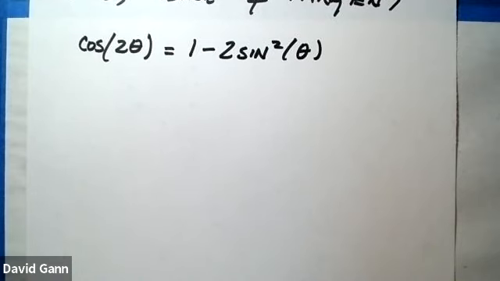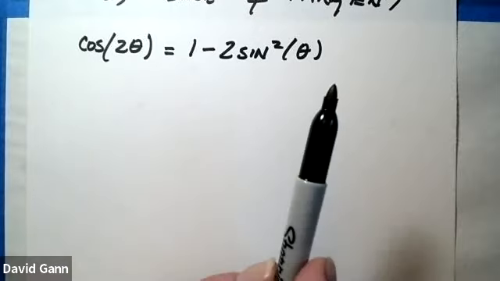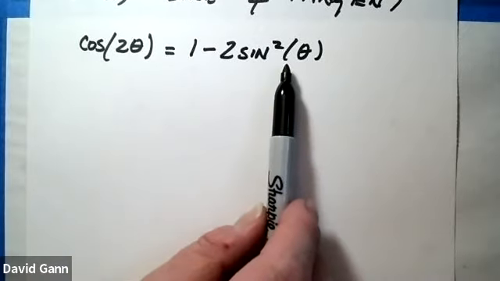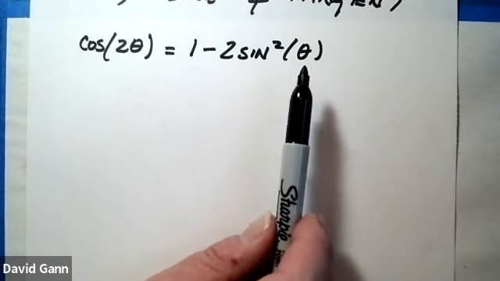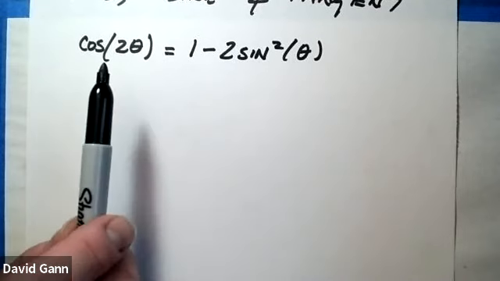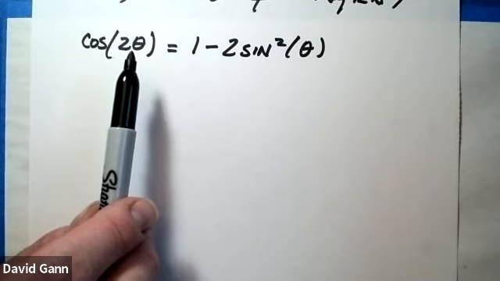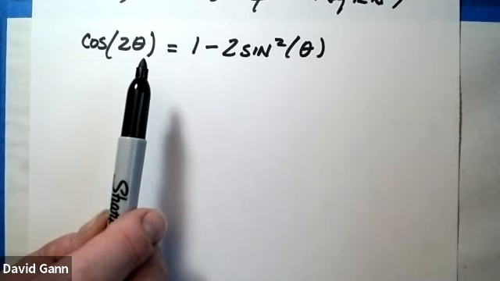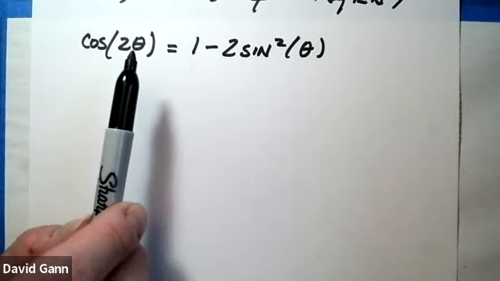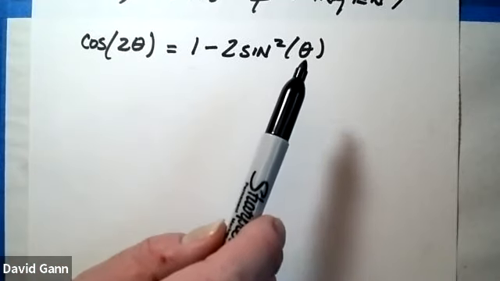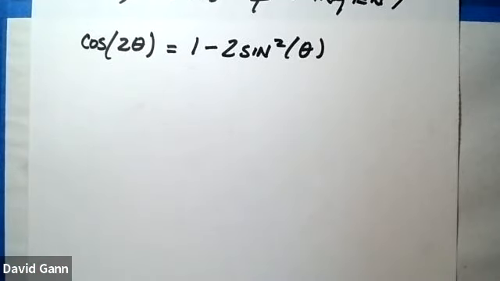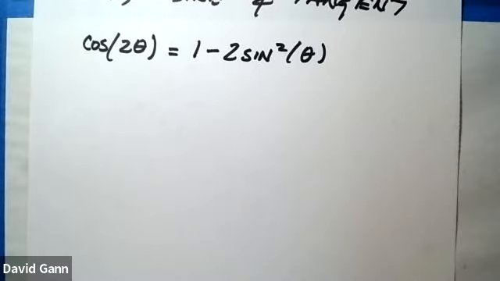Now, this allows us to say if we know some information about the angle, then we can find some information about twice that angle. So could we reverse the process? If we knew something about twice the angle, could we find something out about the angle? And it turns out that it really is possible to do that.